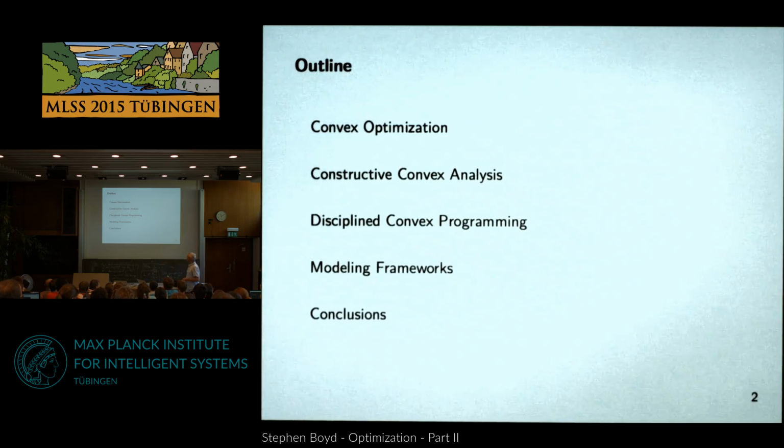So I'll do a whirlwind overview of convex optimization. I'll make that very fast because we covered that last lecture. And then we'll talk about constructive convex analysis. That's going to be math. And then we're going to look at the software implementation of that, something like disciplined convex programming. That's actually not software, but you'll see what it is. We'll talk about some modeling frameworks, and then I'll wrap up for today.